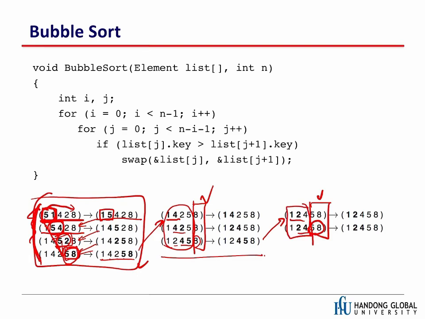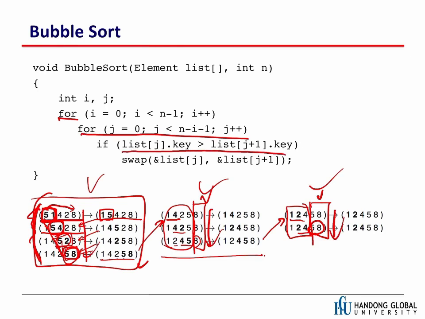Okay, so that's the algorithm of bubble sort. Basically we need two for loops. The first for loop corresponds to this list, this list, this list, and the second for loop corresponds to the positions within each list. Every time we check the current one and the next one.